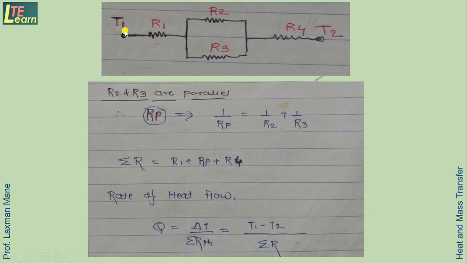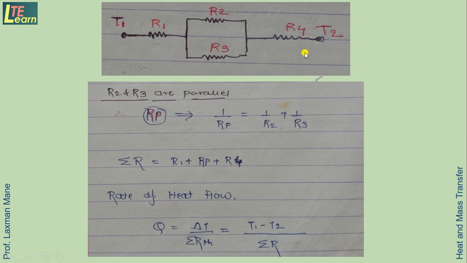Further, as per the electrical circuit, we have resistances which are in parallel. For that, write R_p: 1 upon R_p is equal to, for R2 and R3 which are in parallel, 1 upon R2 plus 1 upon R3.